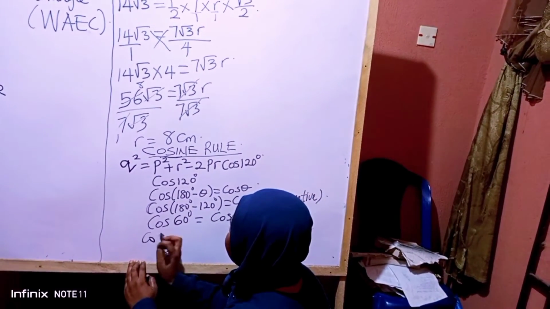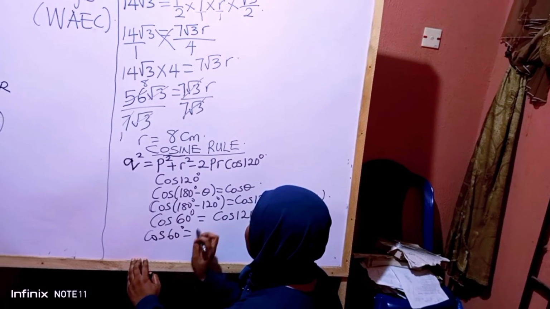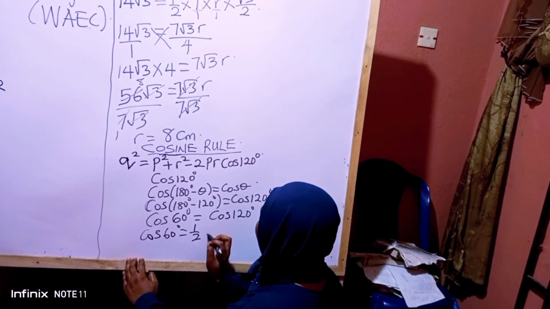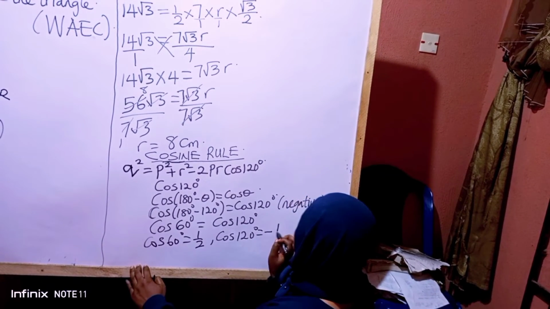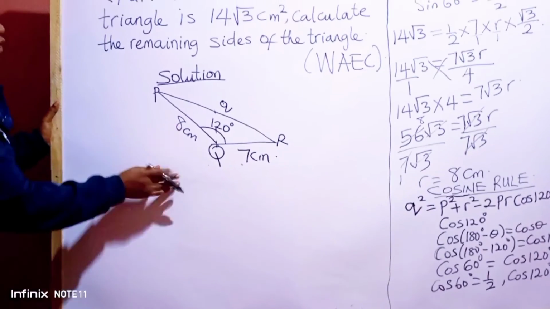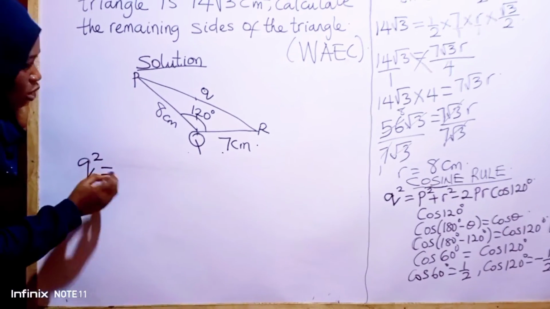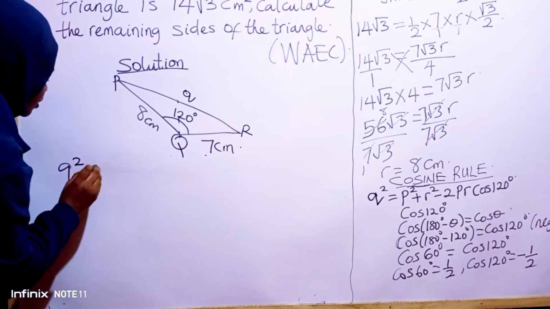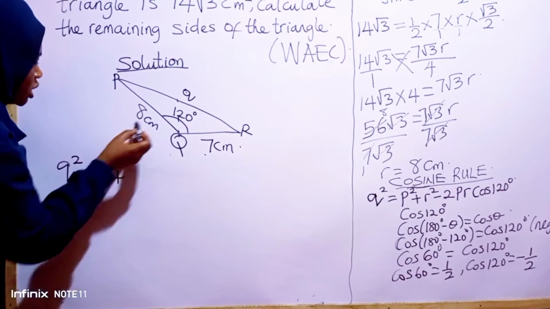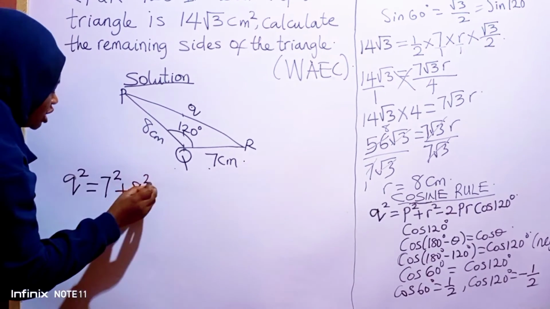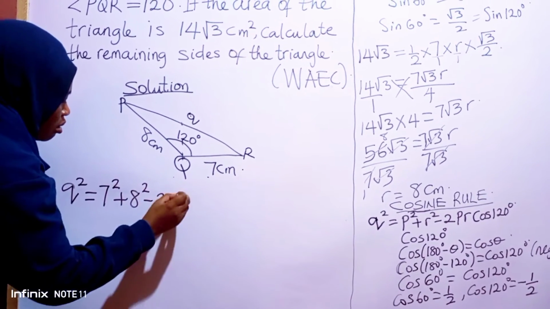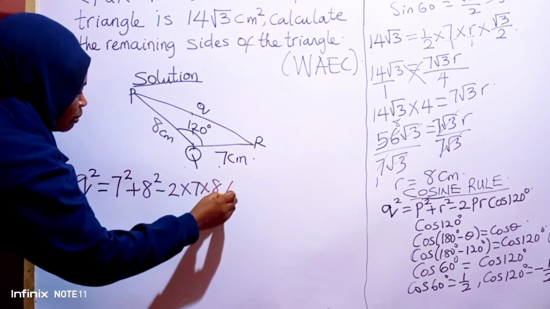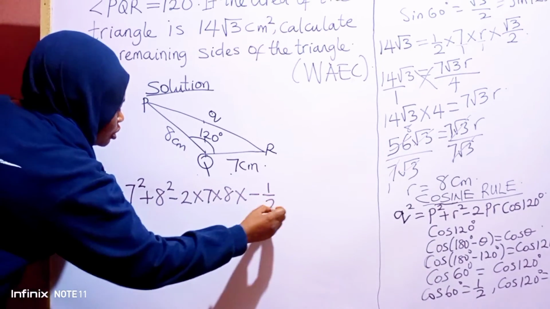So cos 120 degrees will be equal to minus 1 over 2. So let's substitute all the values there now. We have q squared is equal to p squared. P is 7, so 7 squared plus r is 8, 8 squared, then minus 2 multiplied by 7 multiplied by 8 then multiplied by minus 1 over 2.